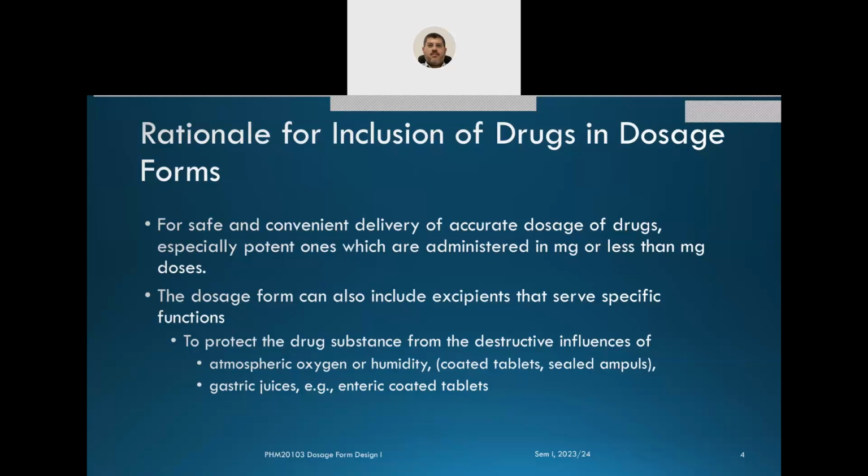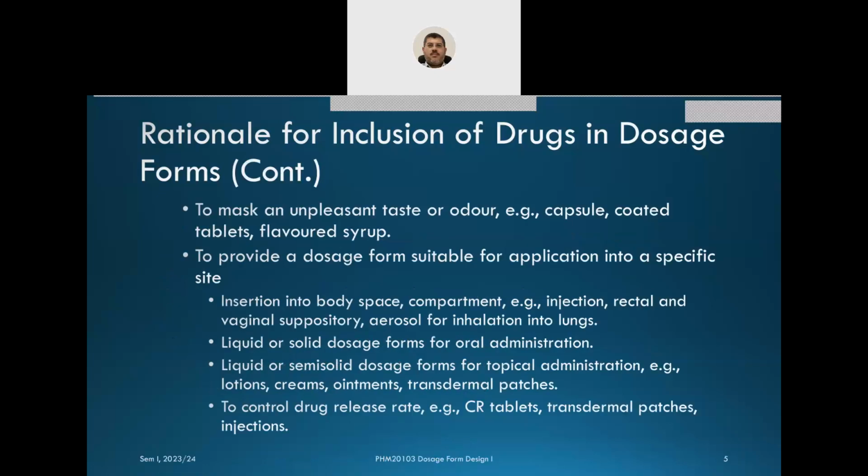The drug is inside the tablet and protected from gastric juices. This coat is not dissolved, protecting the inside of the tablet from the acidic pH. But once it reaches the intestine, the pH will be neutral to alkaline, then the coat will dissolve, the tablet will disintegrate, and the drug will be dissolved and then can be absorbed by the GIT.